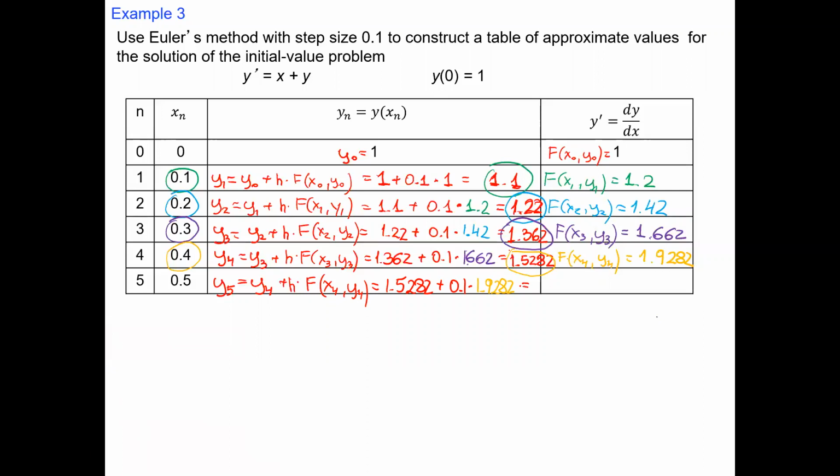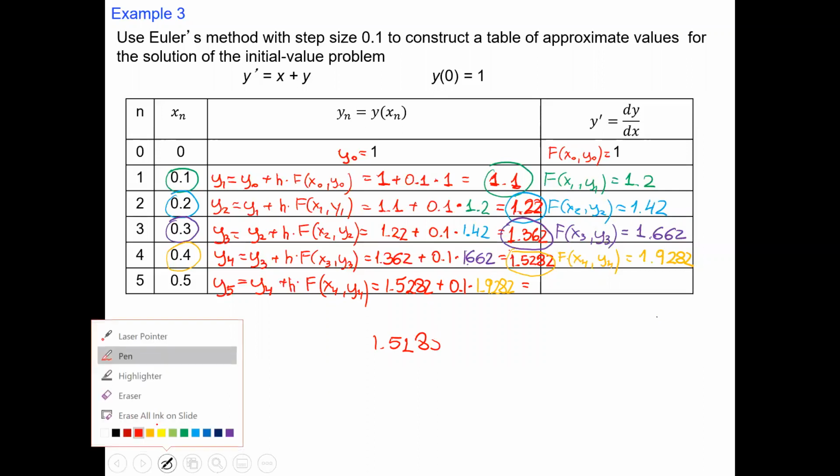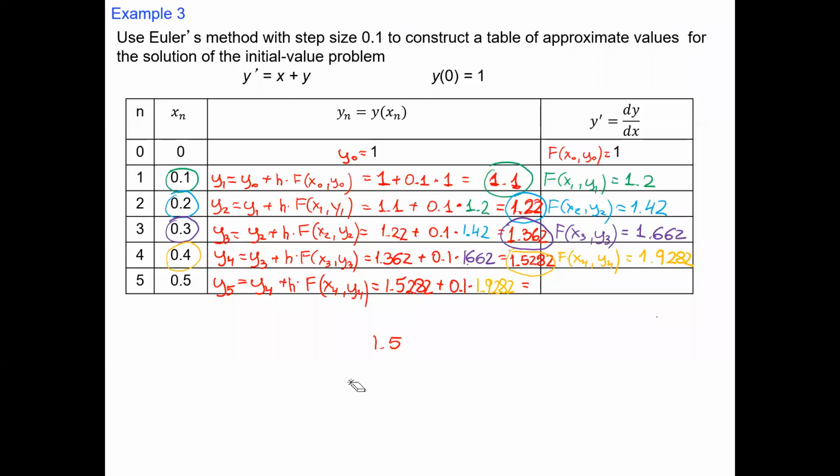And let's see what we will have. 1.5282, and the yellow number multiplied by 0.1, I will again move the decimal point, 0.19282.